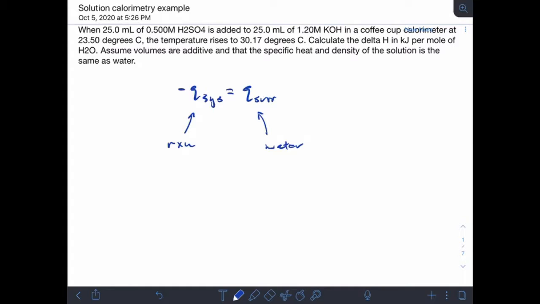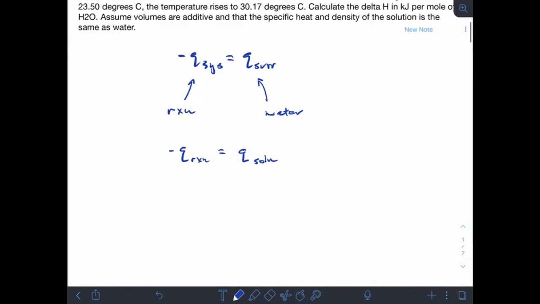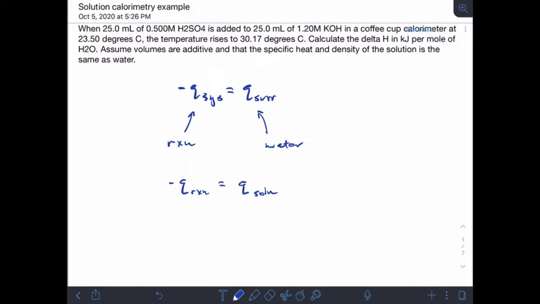So we can rewrite this and say negative Q of the reaction equals Q of the solution.